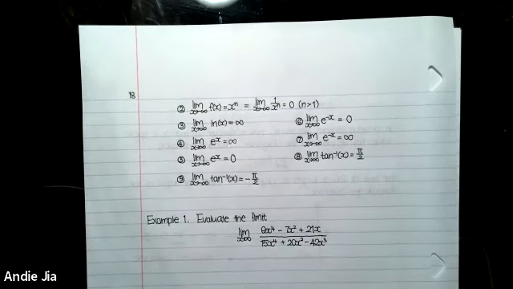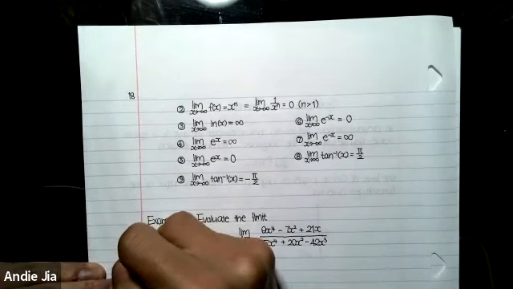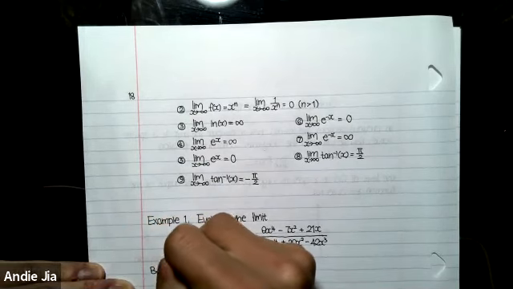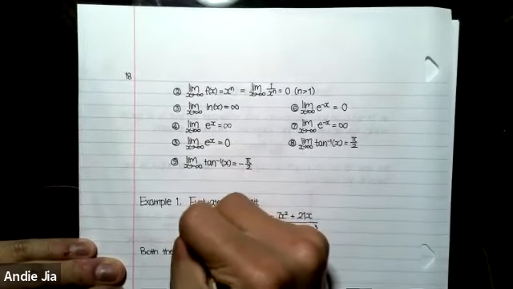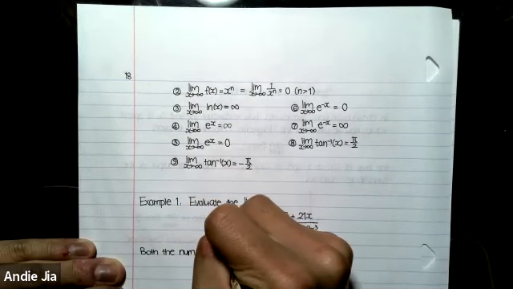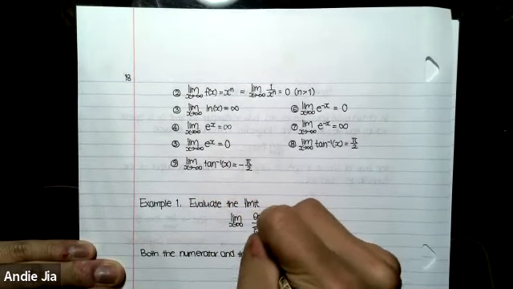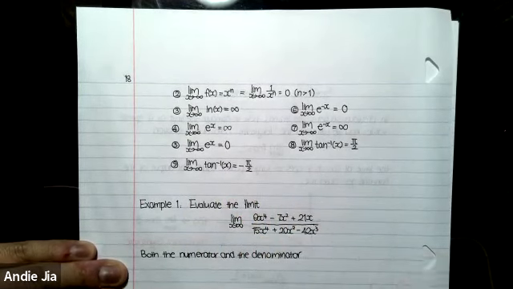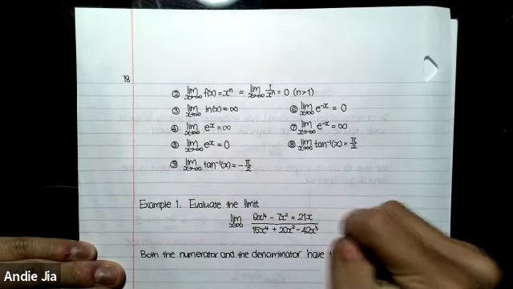Then we multiply by 1 over x to the 4th, the highest power.